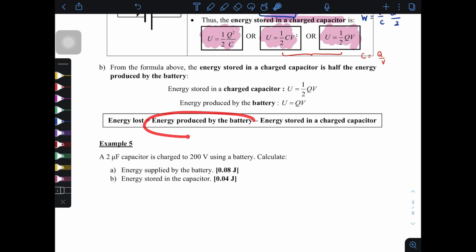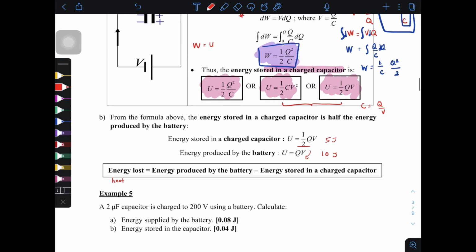Okay, so energy produced by the battery tolak energy stored in a charged capacitor, kita akan dapat energy loss, which is heat. Maksudnya, kalau bateri itu bagi 10 joule, energy produced battery is 10 joule, energy yang boleh store dalam charged capacitor ialah 5 joule saja. Dia ialah half daripada energy produced. Okay, mana lagi hilang? Dia hilang dalam bentuk heat. Okay. So, that's for 2.1.